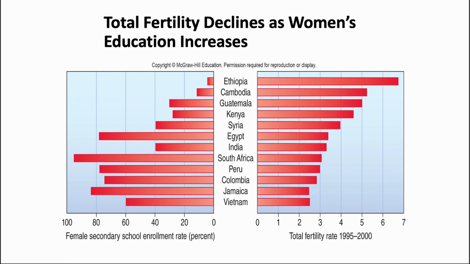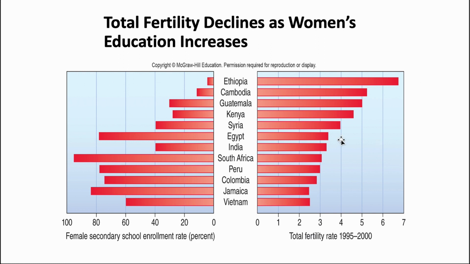Again, a quick refresher. Is this continuous data or is this categorical data? So this is categorical data. You can move all of these countries. So these data, we have the total fertility.